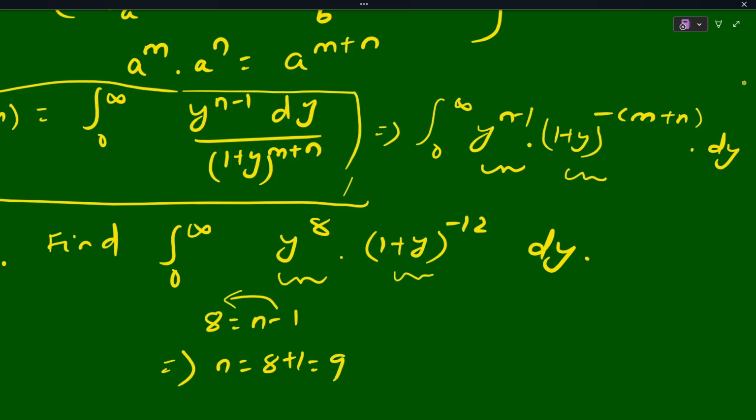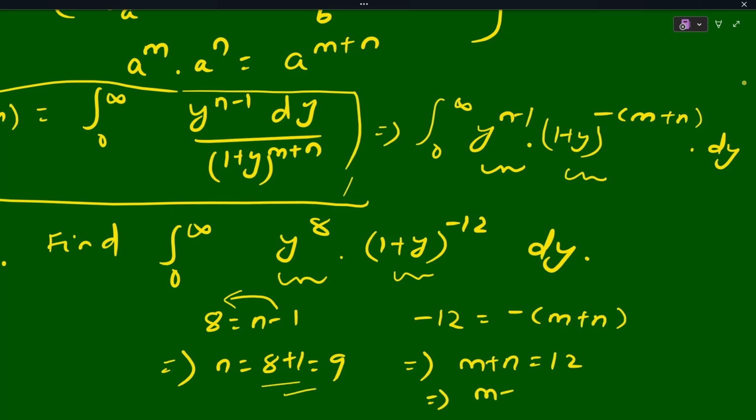So 1 plus y and 1 plus y is common. Here the next term is minus 12, and in the right hand side the power is minus m plus n, so minus minus will cancel out, and now this m plus n is 12, and we already found the n value, which is 9, so m plus 9 is 12.